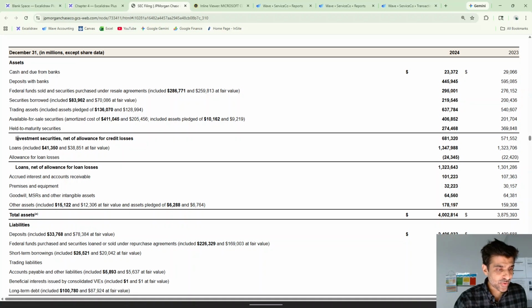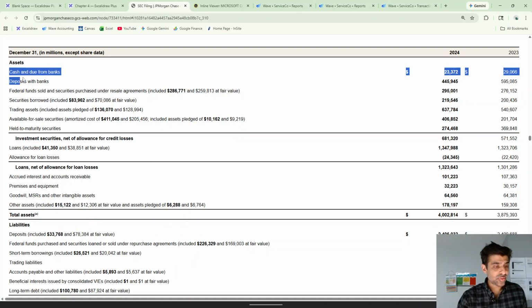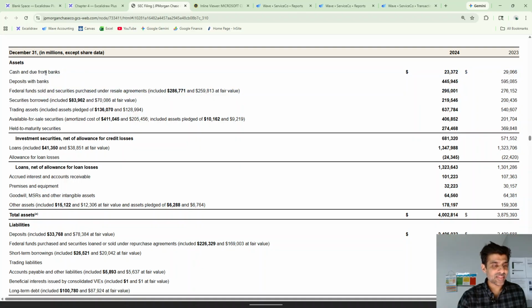Their first asset listed is this kind of weird conglomeration of different types of investments that are equivalent to cash. I guess they're starting off with the ones that are most similar to cash. Cash and due from banks means very short term overnight lending to other banks.